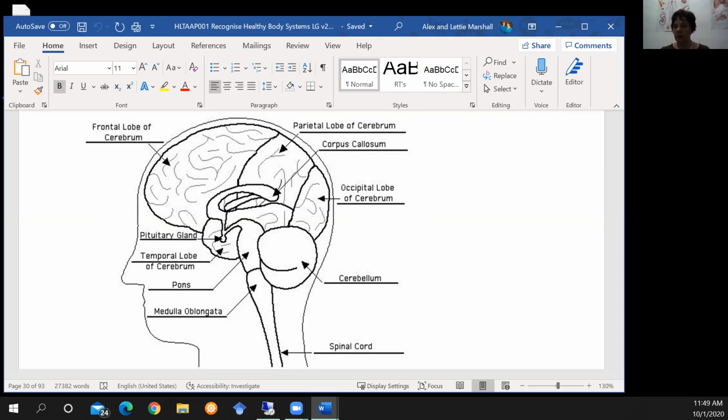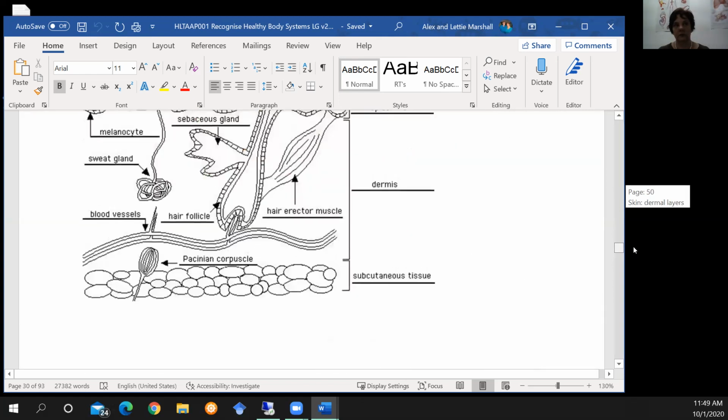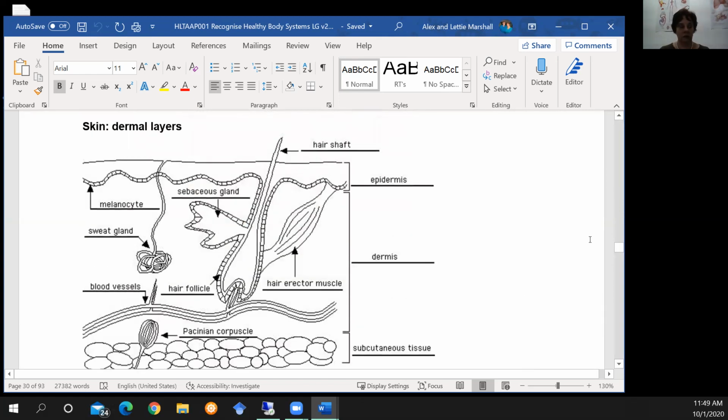Have you got a page? Page 50. Here we go. It's a fun skin. And the next one is the eye.